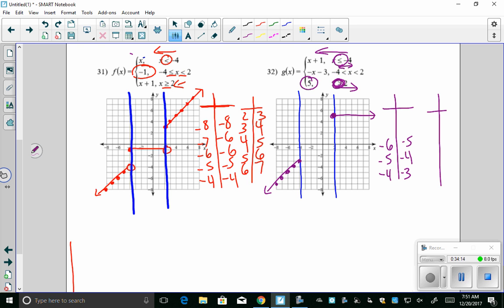Remember, this one is in between. So plug in -4. -4 minus 3. So that's +4 minus 3, which gives me 1. So -4, 1 is going to be an open circle. Now plug in 2.